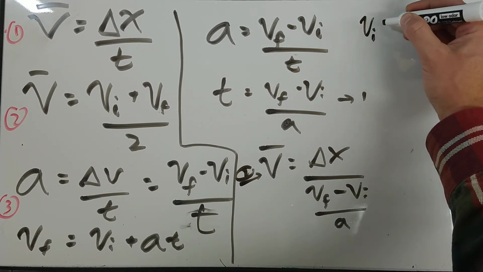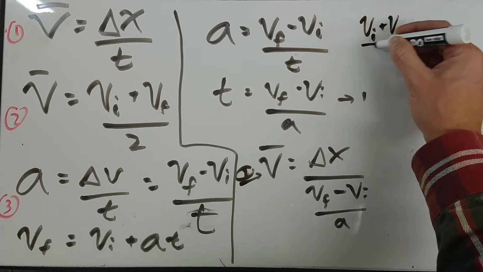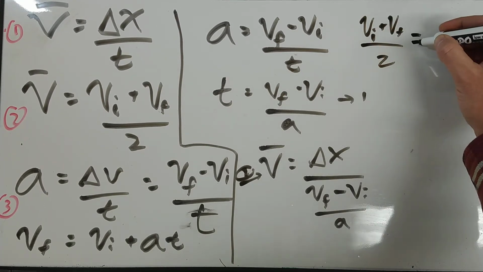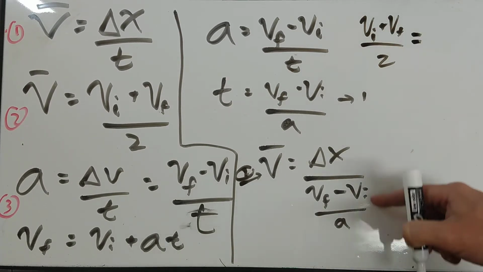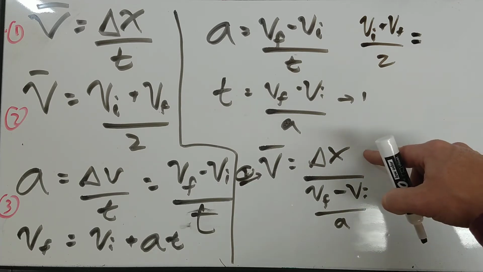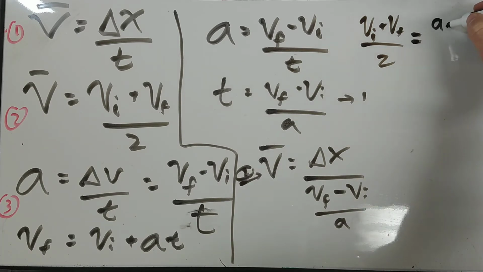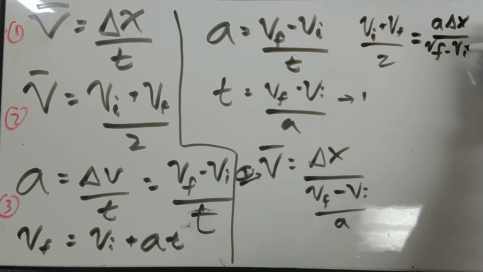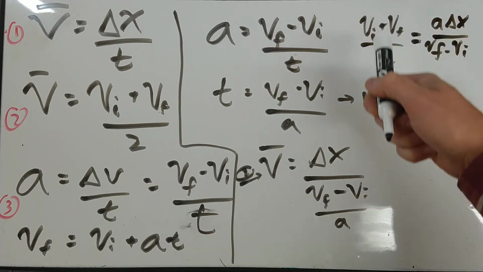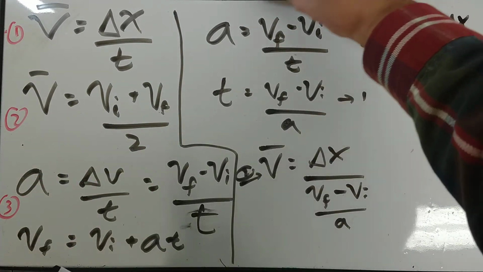So v initial plus v final over 2 equals, let's rearrange this here. The a can come upstairs, right? So it's a delta x times v final minus v initial. All right, so that's really important. I'm going to erase what I did here.